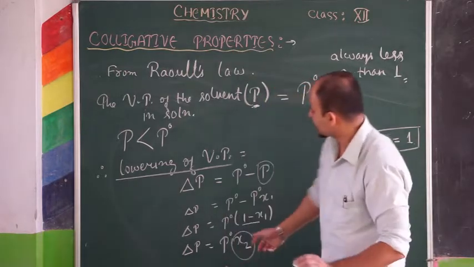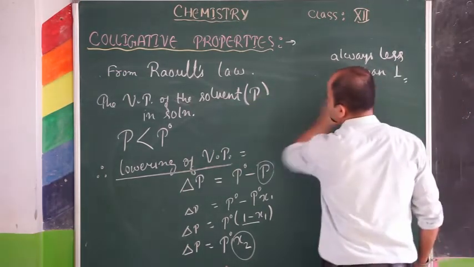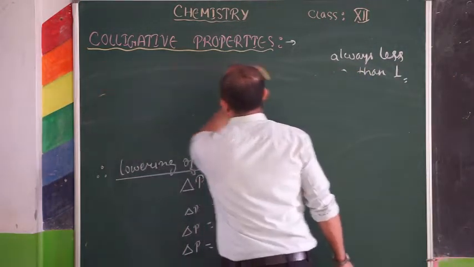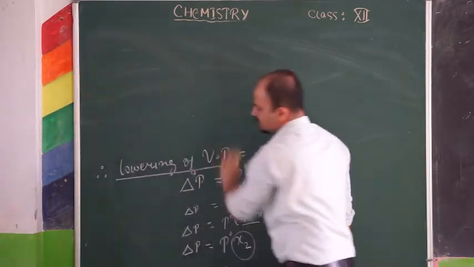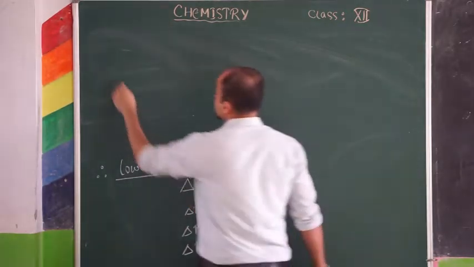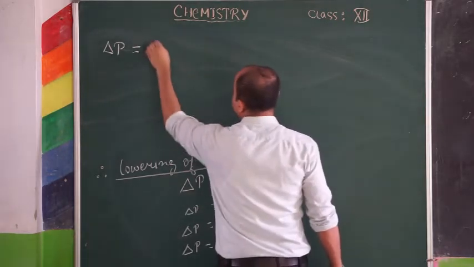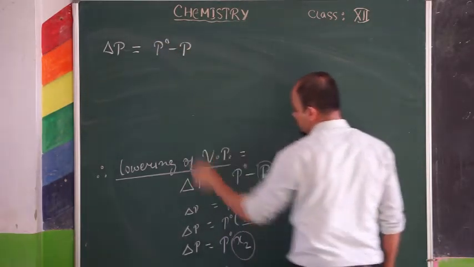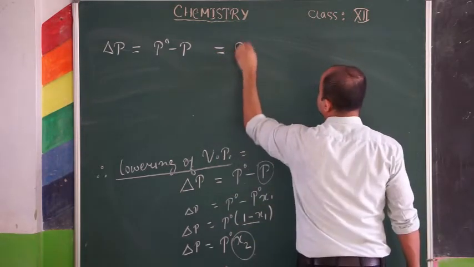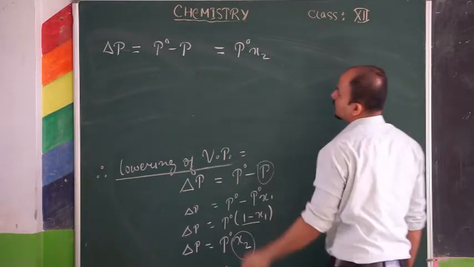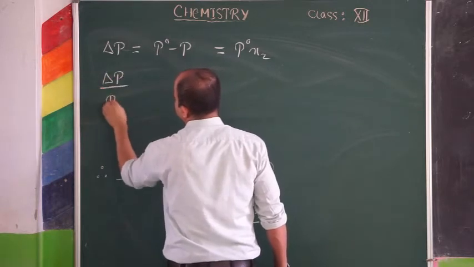Now, this expression can also be written as: this delta P is equal to P naught minus P. Now this gave us which expression? P naught x2. Yes or no? Now if we divide all of this expression by P naught, what will we get?